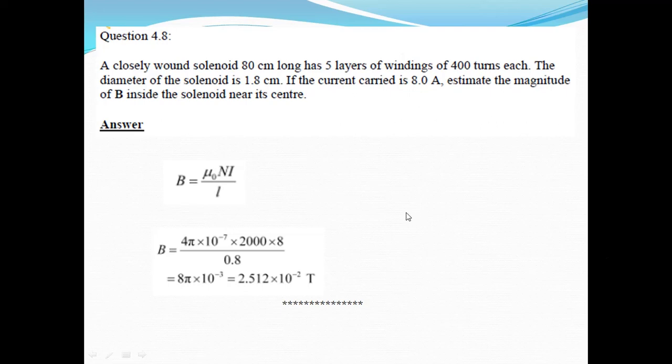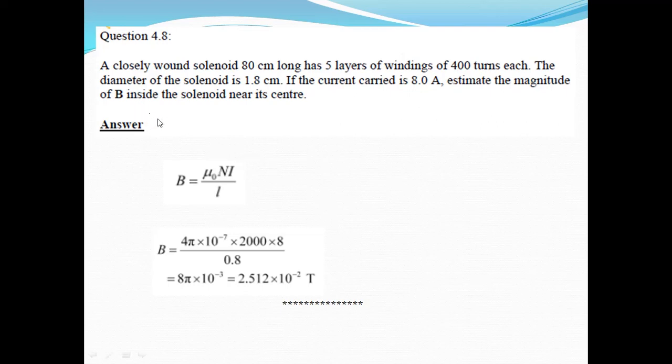Next question. A closely wound solenoid 80 centimeter long has 5 layers of windings of 400 turns each. The diameter of the solenoid is 1.8 centimeter. If the current carried is 8 ampere, estimate the magnitude of B inside the solenoid near its center.